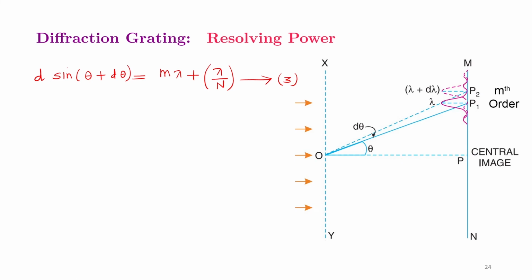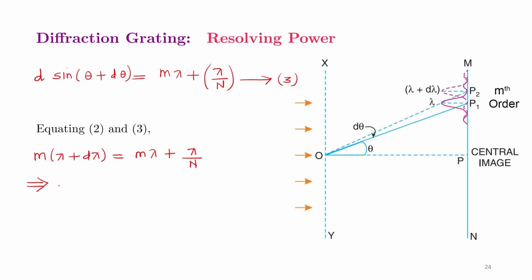So this is the equation for the minima, and equation 2 is for the principal maxima at P2. Since these two fall at the same position, we can equate equation 2 and 3. That is, m lambda plus d lambda equal to m lambda plus lambda over n.